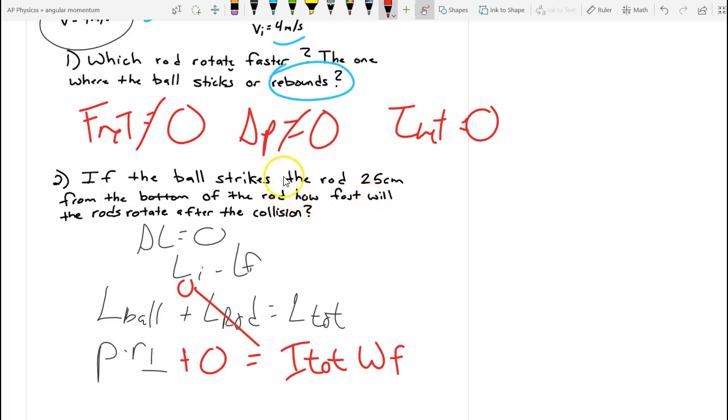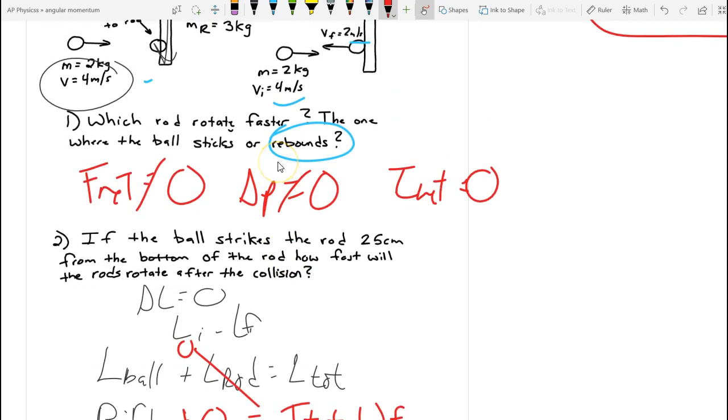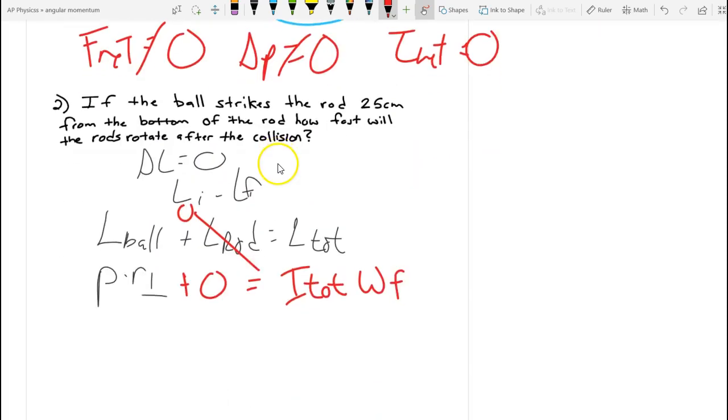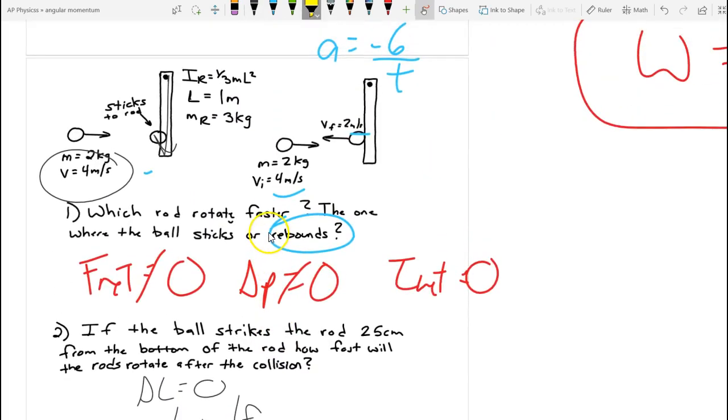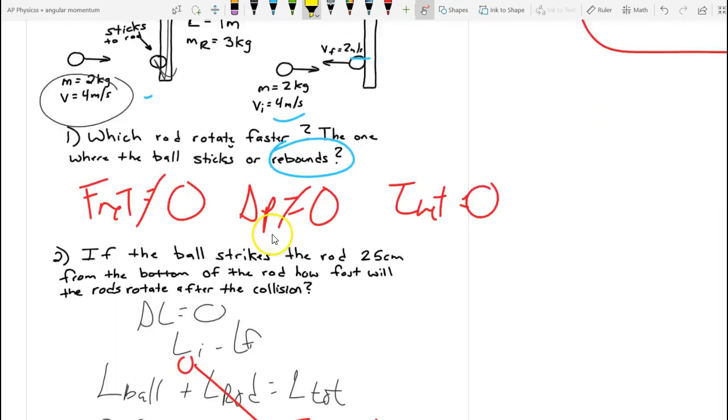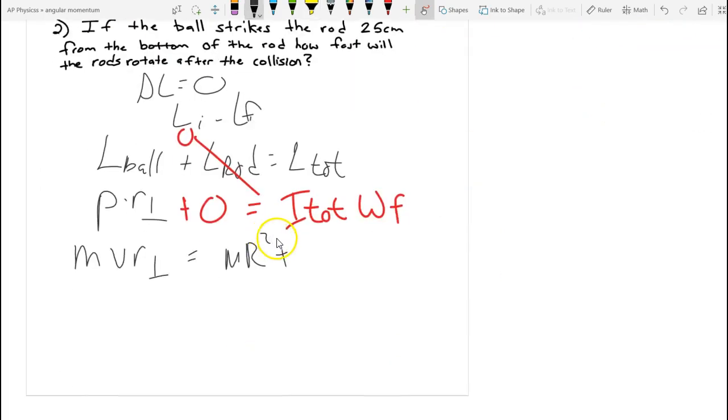All right, let's now put in our terms. We don't know momentum, so I can look at this in terms of mvr equals, we don't know I total, so this is going to be mr squared of the ball plus 1/3 ml squared for the rod, times omega final.